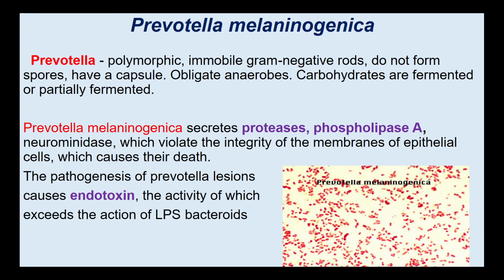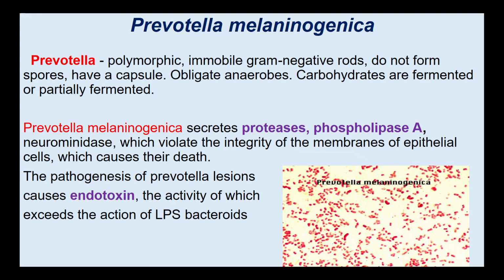The next causative agent is Prevotella melaninogenica. Prevotella are polymorphic, non-motile gram-negative rods. They don't form spores, but have a capsule. Obligate anaerobes. They ferment carbohydrates or sometimes partially ferment.